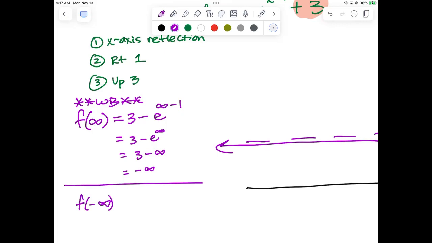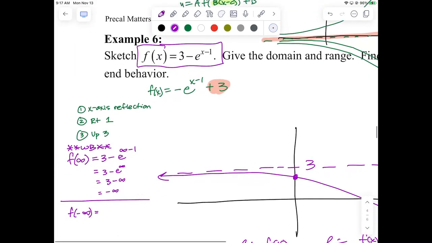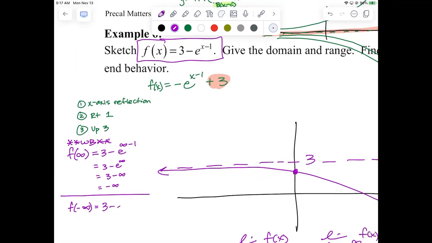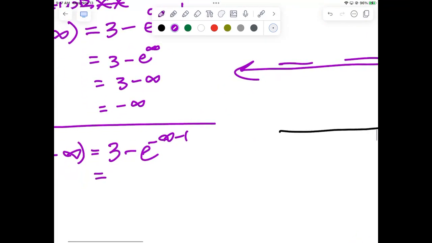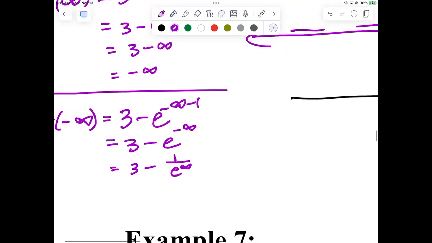What would be f of negative infinity? Well, if I plug it in, I get 3 minus e to the negative infinity minus 1. Let's evaluate it from the top down. What's negative infinity minus 1? Negative infinity. Good. Now that's the same as 3 minus 1 over e to the positive infinity. When you have e to the negative infinity, that's the same as 1 over e to the positive infinity.